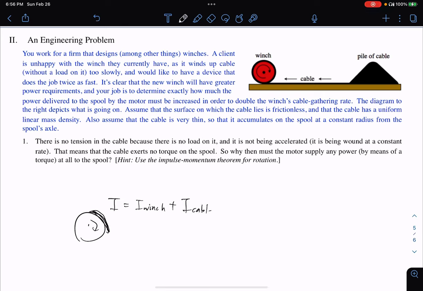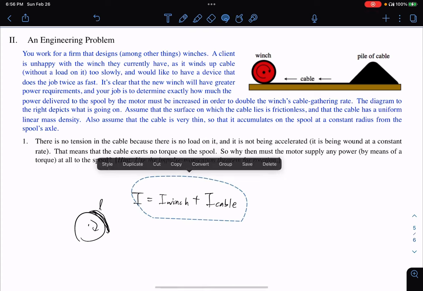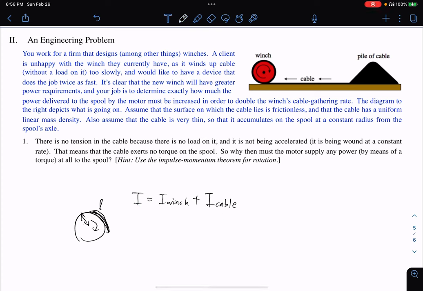cable, and this part will equal its length on the winch times the radius of this winch and times the mass density.